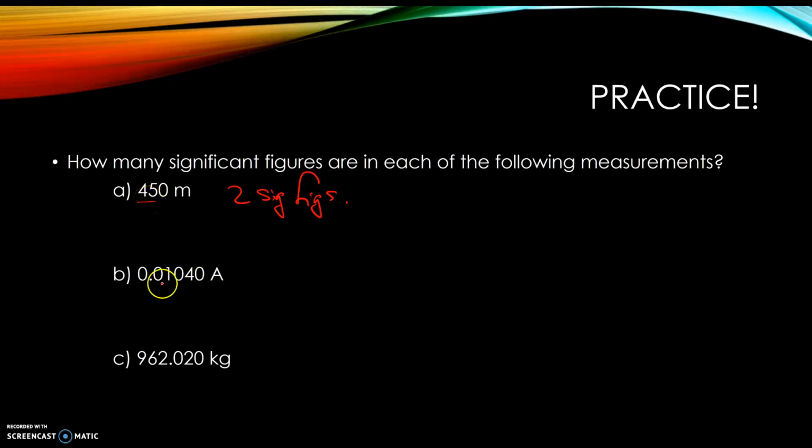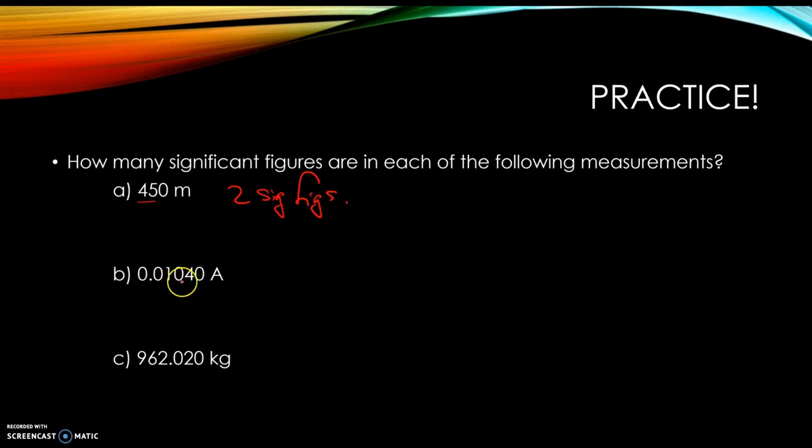Then there's this one, 0.001040. I put a bunch of zeros in here for you guys. Let's see if I can trip you up. So, like I said, feel free to pause the video and make a guess if you want to. These zeros are leading zeros. They're not significant. They just tell you where all these other numbers go.